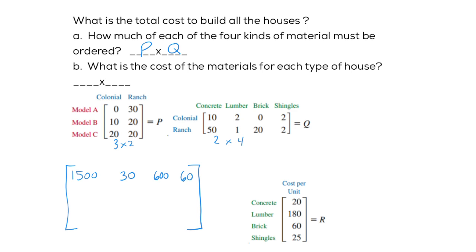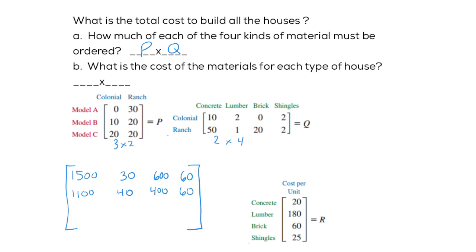Next row, 10 and 20 times each column. So I have a 100 and a 1000. That's 1100. Then I have a 20 and a 20. Then I have a 0 and a 400. 20 and 40. Now I'm going to take my third row times each column.